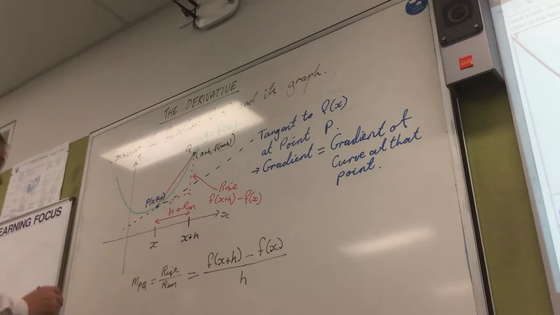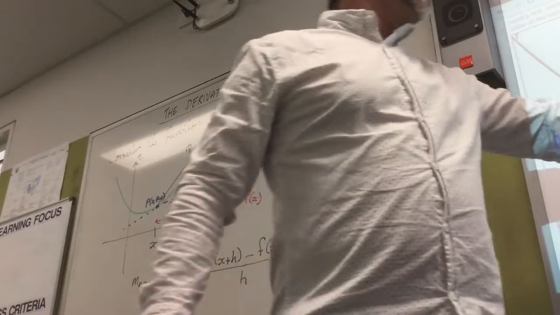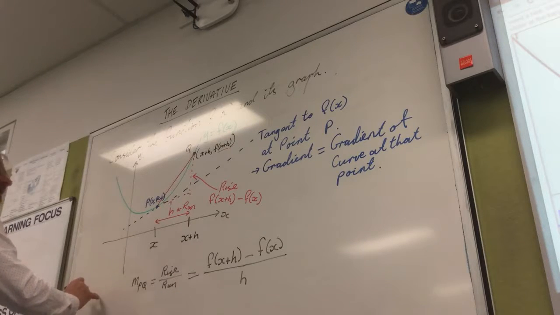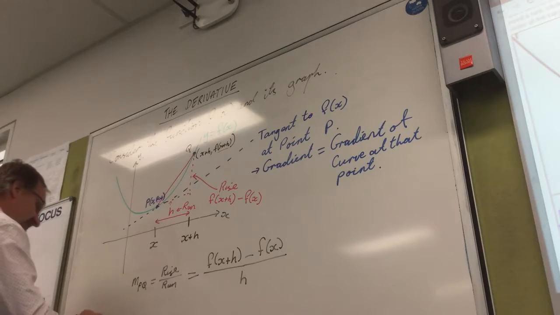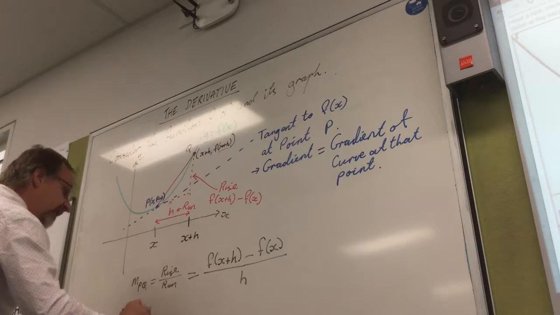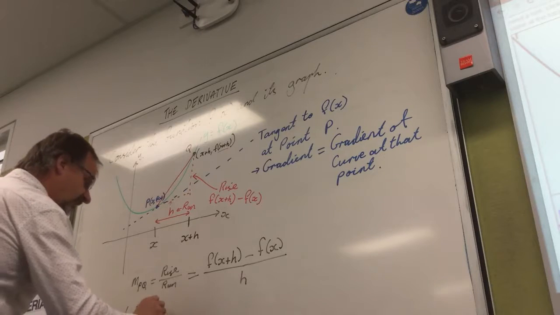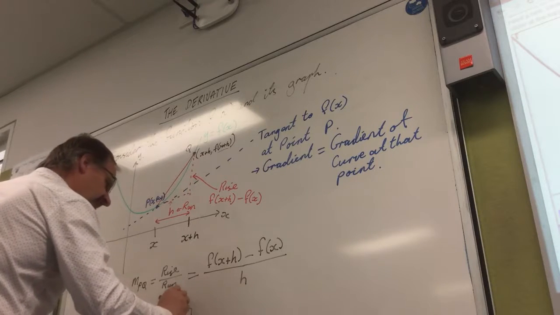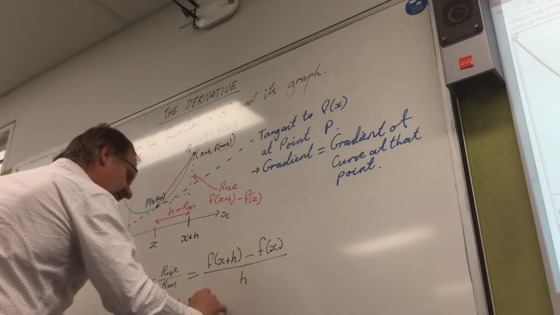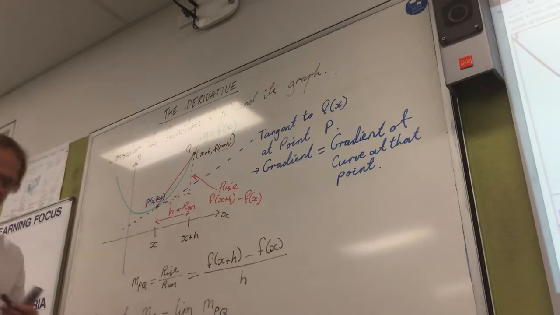All right, so what we can say, and this is what we did yesterday, the limit. As h is getting smaller, as h goes towards 0, then the gradient of our tangent is the limit as h tends towards 0 of the gradient between P and Q.